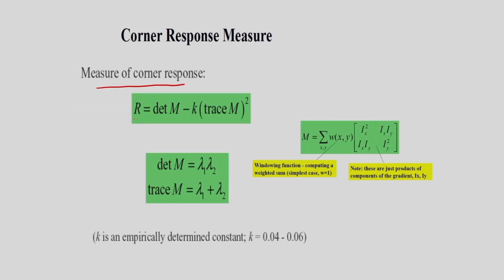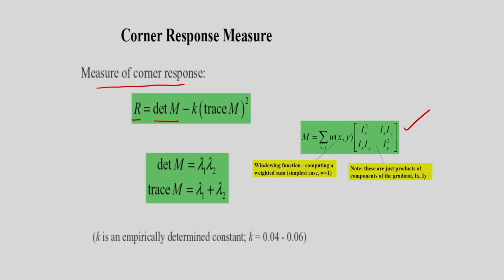The corner response is R, which is determined from the determinant of M. Matrix M is computed from the gradient of the image. First I have to determine the determinant of M minus K, where K is a predefined constant, and after this I am considering the trace of M whole square.